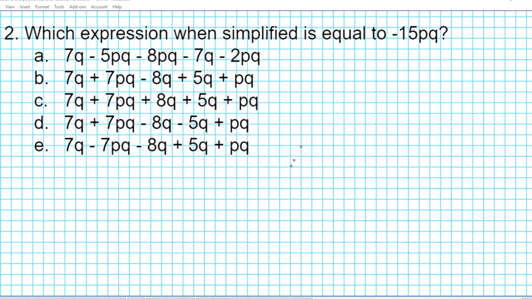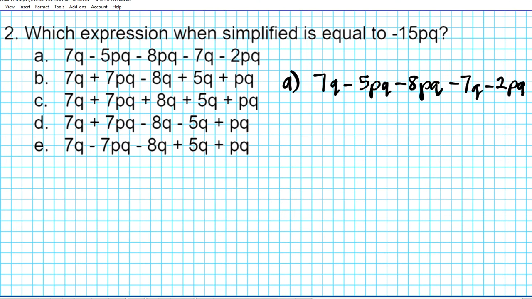Question 2, which expression simplifies to give you negative 15PQ? So we'll just simply go ahead and simplify every single option and see which one yields negative 15PQ. So let's start with option A. For option A, we have 7Q minus 5PQ minus 8PQ minus 7Q minus 2PQ.